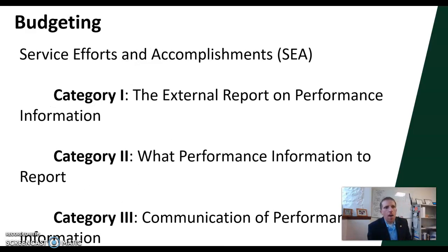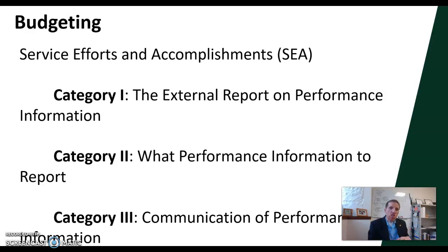The other big area is this idea around service efforts and accomplishments, also referred to as SEA. What do we see in there? No pun intended, we have our category 1, the external report on performance information.